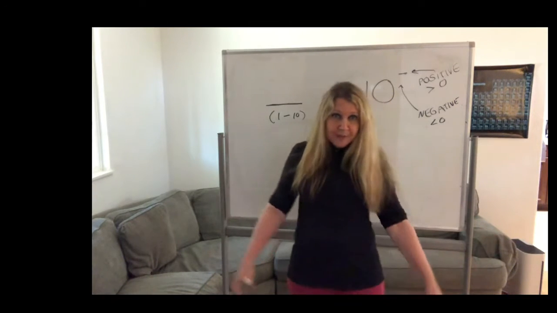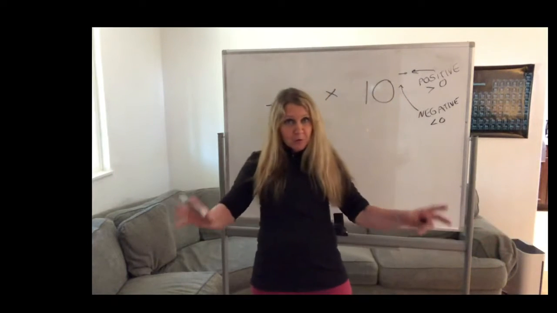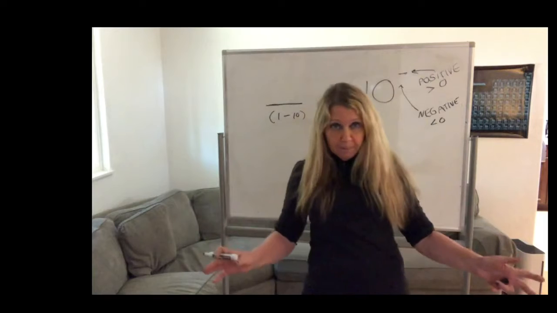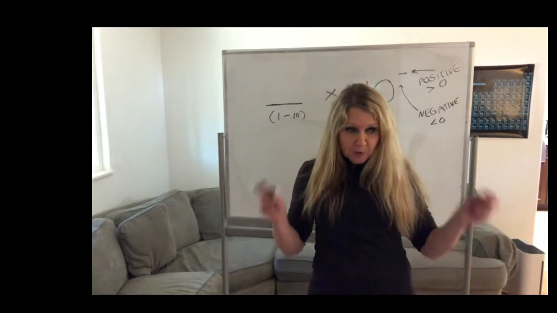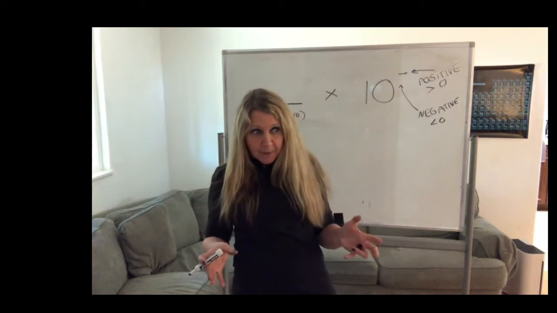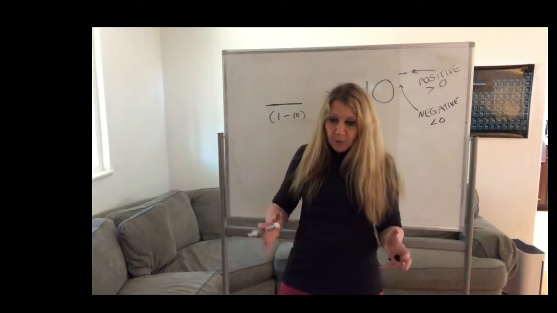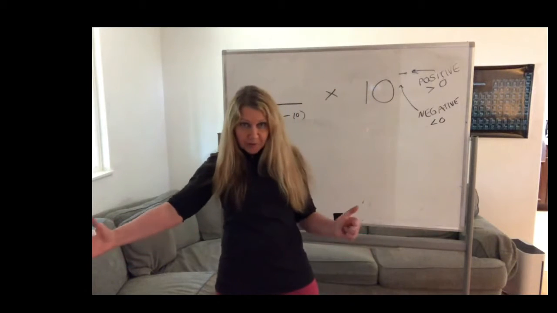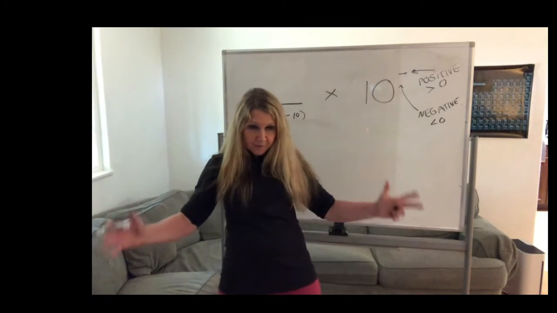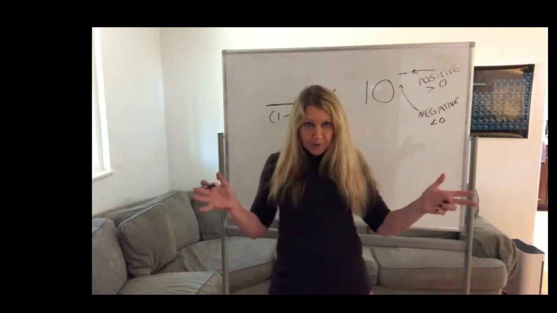And 1 newton is equal to the force needed to move 1 kilogram 1 meter. So to move something that weighs 1 kilogram, which is like 2.2 pounds, 1 meter, which is a little greater than 3 feet, the force needed is called 1 newton.